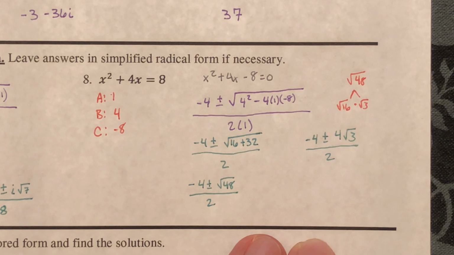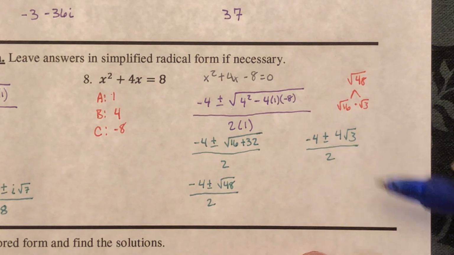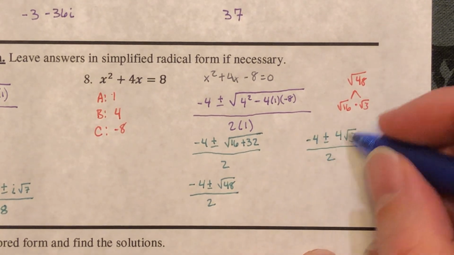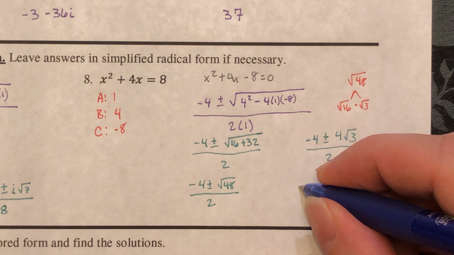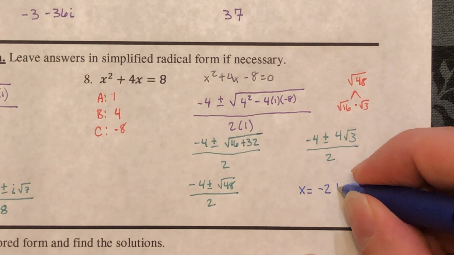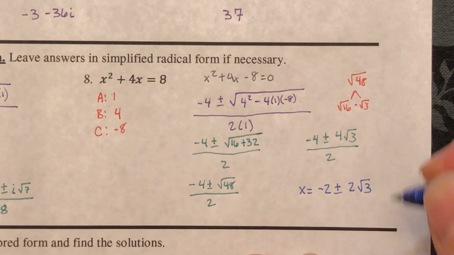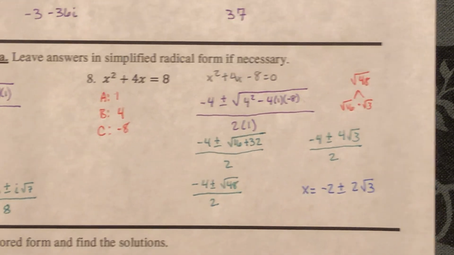If you are able to, you want to simplify this fraction. So both those are divisible by 2. So I get x equals negative 2 plus or minus 2 square root of 3.